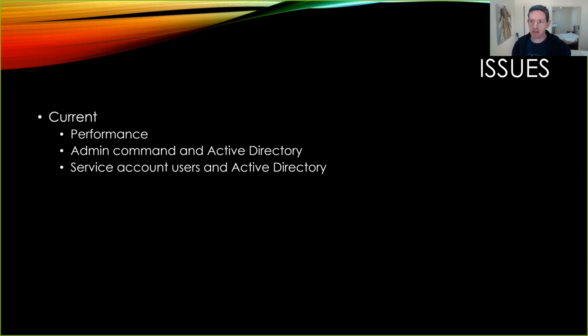A couple of the other issues that we've seen over time as we released 3.5 and some of the subsequent releases: the admin command on the command line used to have knowledge of Active Directory, when Active Directory was involved, and it used to do a few different things about looking up the users in Active Directory and working out their identities and hooking up UPNs and things like that.